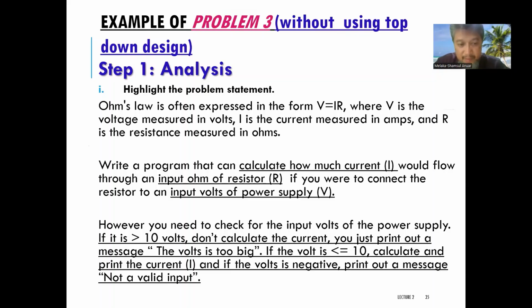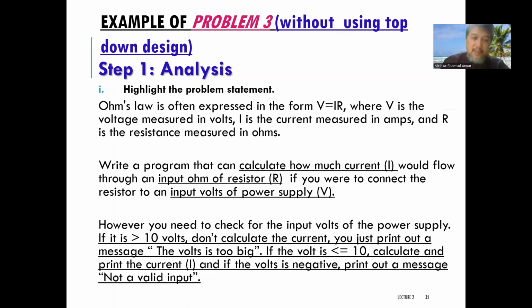You just print out a message, the volt is too big. If the volt is less than or equal to 10 volts, calculate and print the current I. And if the volts are negative, print out message not valid input.